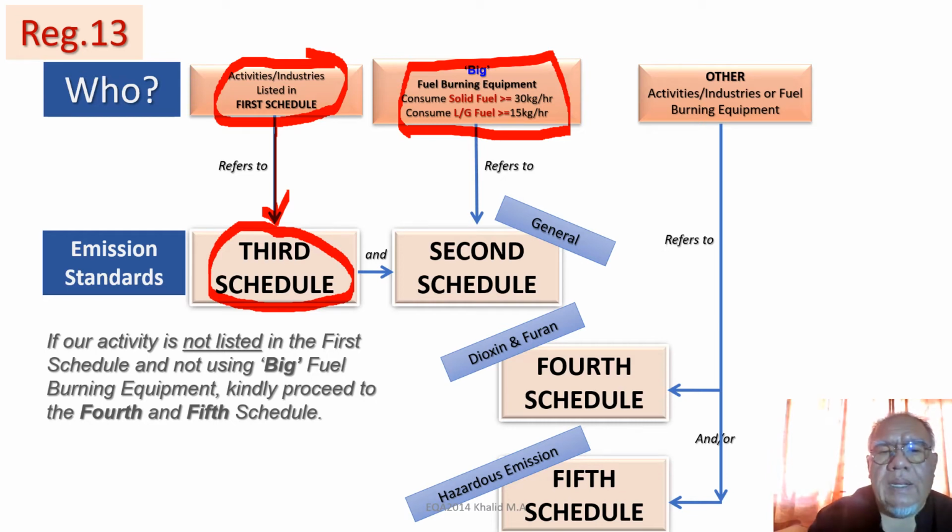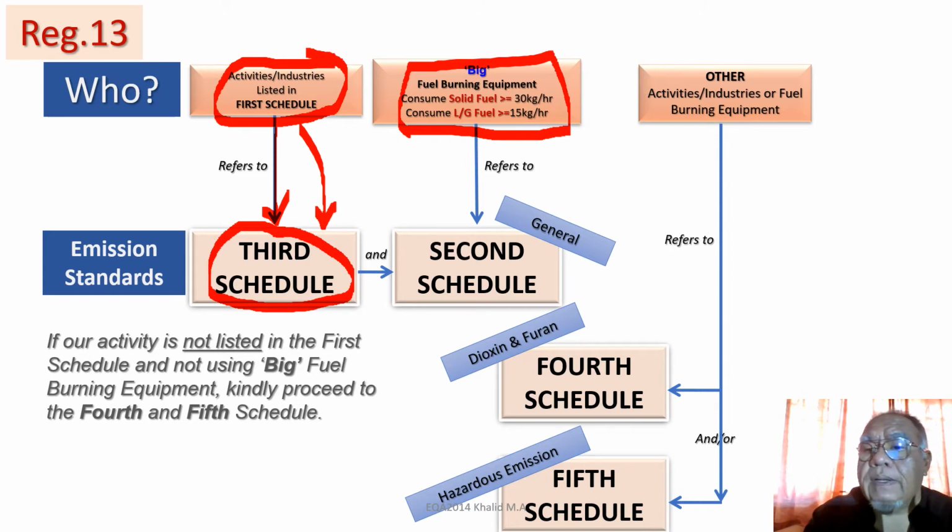Now, let me remind you, the third schedule for the activities listed in the first schedule contains, other than sulfur dioxide, nitrogen dioxide and total particulate matter, hazardous volatile organic carbon such as non-methane volatile organic carbon, which is actually a hazardous emission. And it also contains, for some related activities, parameters like dioxin and furan, normally described as polychlorinated dibenzodioxin and polychlorinated dibenzofuran.